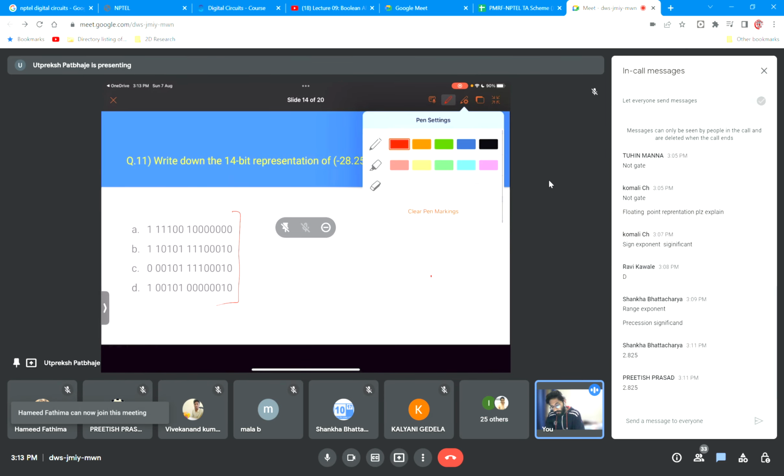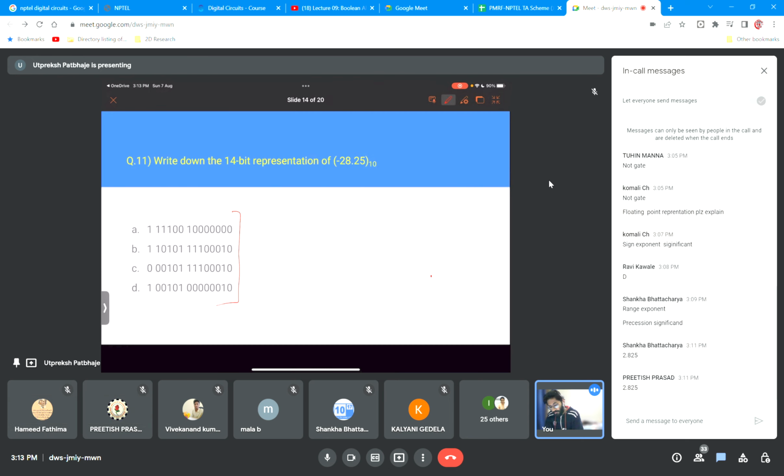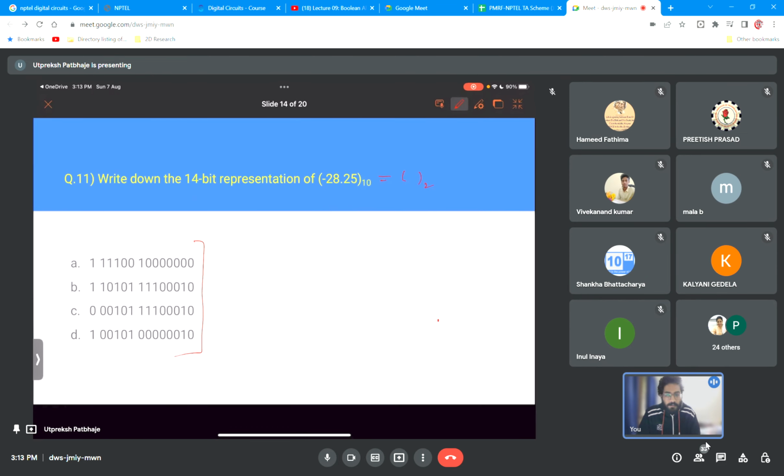So now, if you want to convert this to your floating point notation, you will have to convert this to binary first of all. So this will be something in binary. As we have already practiced some problems from the previous week, you guys can also parallelly try to convert this directly into binary, 28.25 to the base 10, convert it to the base 2.